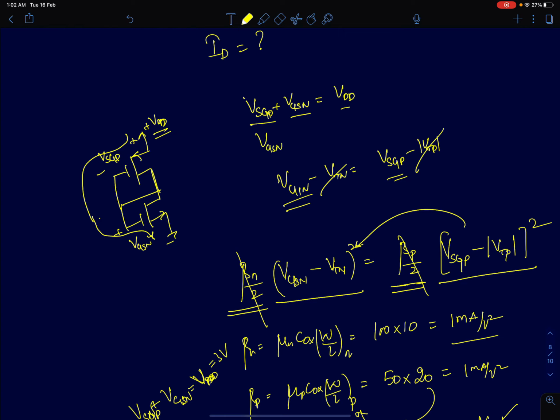So we get VGSN equals VSGP equals VDD by 2. VDD is given as 3 volts, so this will be 1.5 volts. And we can directly see from the question that VGSN happens to be the same as Vx, so Vx is 1.5 volts. In the next lecture, we'll start with that.